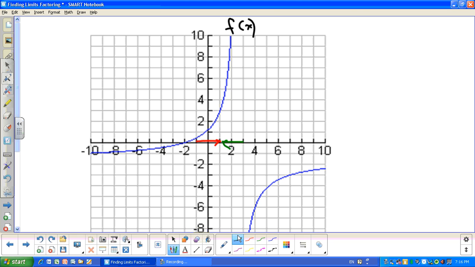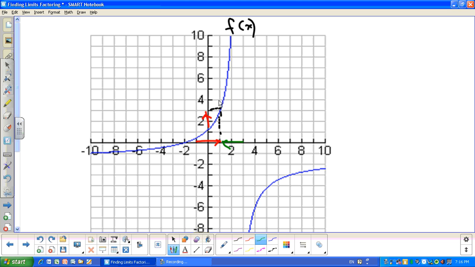My intuition tells me, looking at this graph, that when that happens, the function is approaching both from the left and from the right the value 3. This is what I see. From left, I am approaching 3.